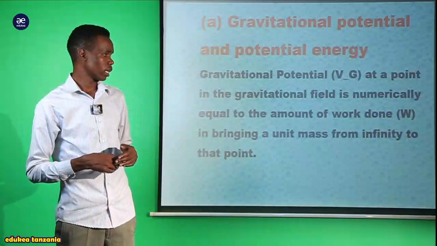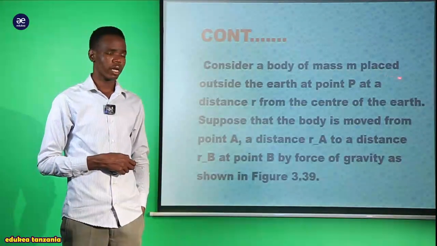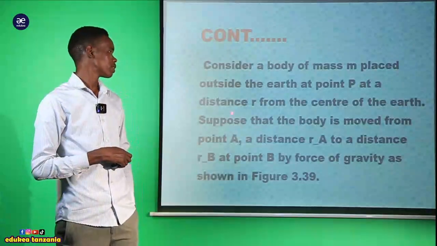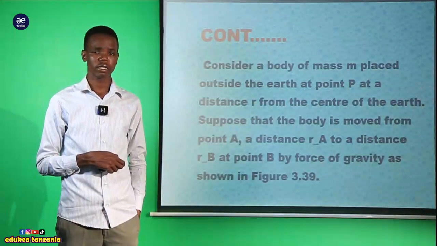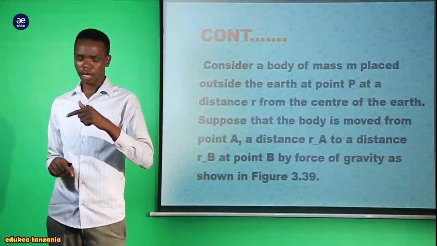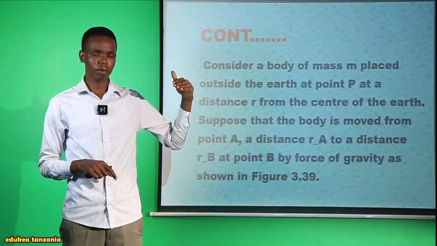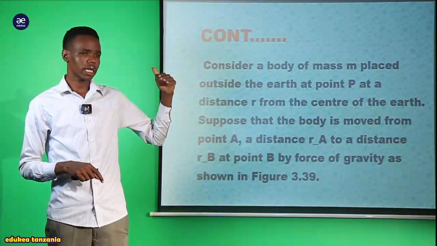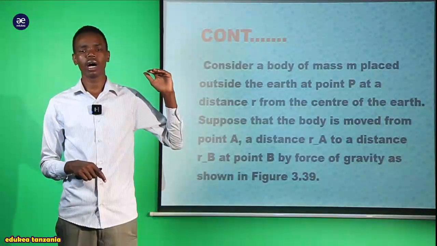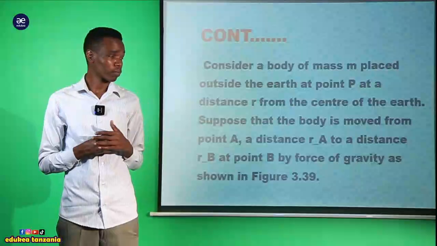We will look at this closely. So imagine we have a body of mass m, and that body of mass m is placed outside of a sphere at a point P. We have the sphere, and at a certain point on it, point P, the mass m is placed above that sphere.